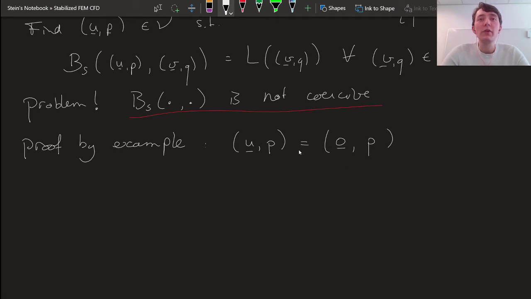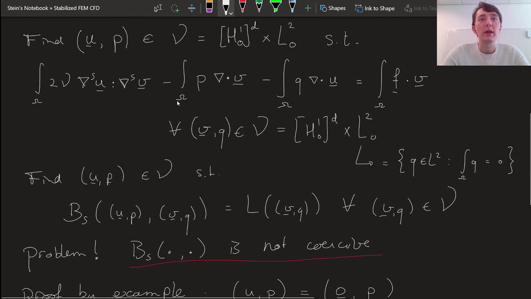Okay, so what happens if I now substitute this choice? And I'm going to substitute that in the bilinear form in both slots. What do I get? Well, what happens to my first term? I get the 0 here and a 0 here. So clearly this is 0. What happens here? Well, I have some p here. I don't know what it is. Could be anything in this space. But I'm multiplying this by the divergence of 0. Well, the divergence of 0 is equal to 0.